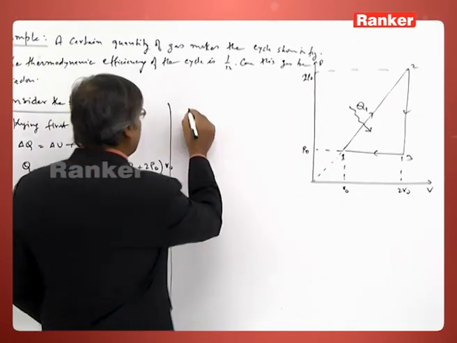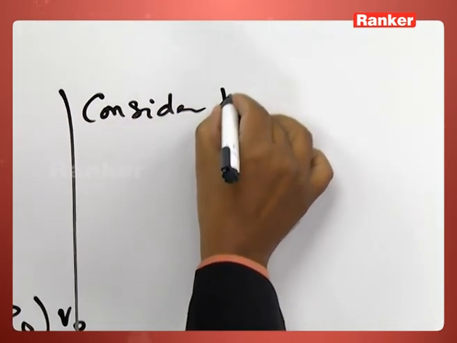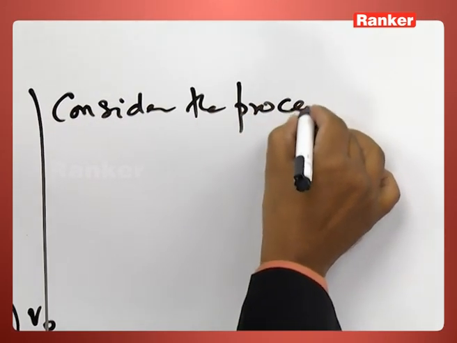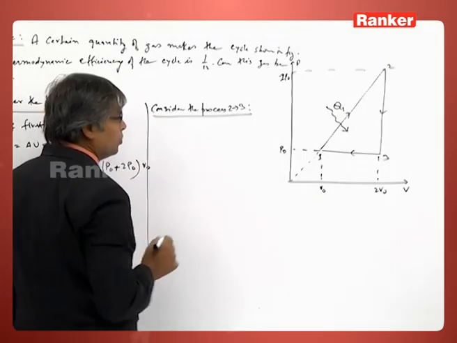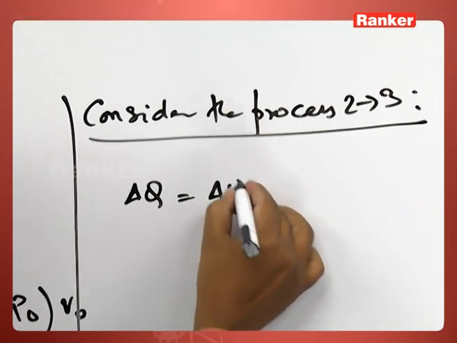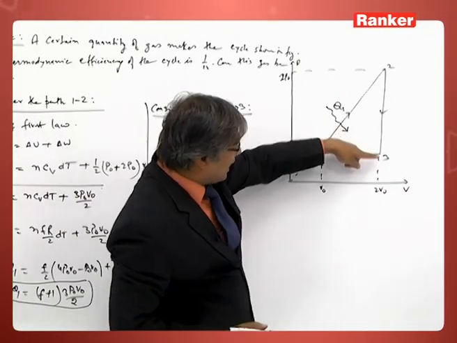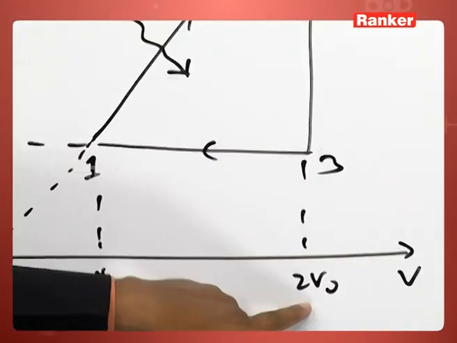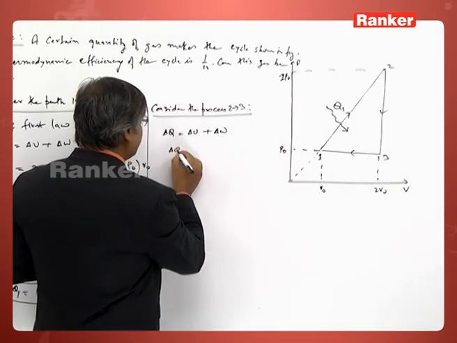Now analyze process 2. Consider the process 2 to 3. We have again first law, delta Q is equal to delta U plus delta W. Now 2 to 3, the process is isochoric, no work done. So this quantity is 0.